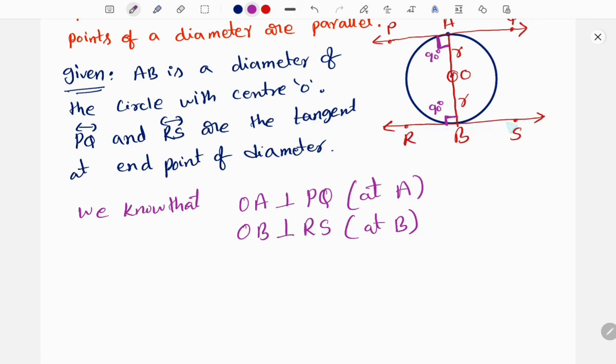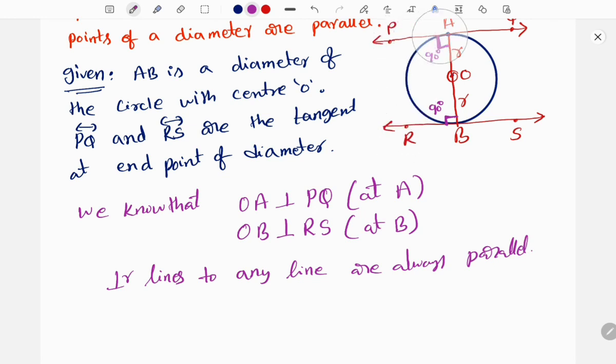So PQ and RS are both perpendicular to AB. Perpendicular lines to any line are always parallel.